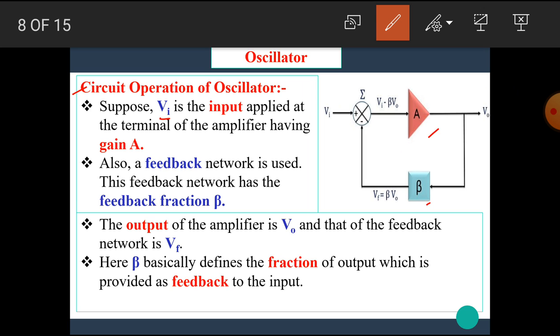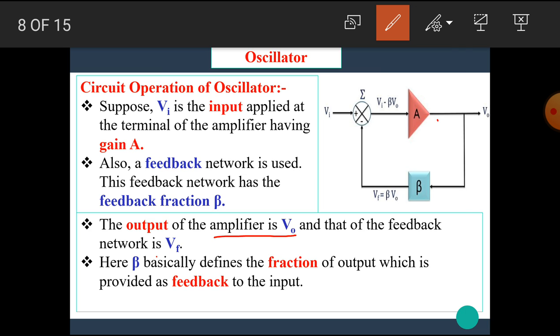Suppose Vi is the input applied at the terminal of the amplifier having gain A. That means this amplifier has the gain A, and initially Vi is applied at its input. Also, a feedback network is used. This feedback network has the feedback fraction beta. The output of the amplifier is V0 and that of the feedback network is Vf.